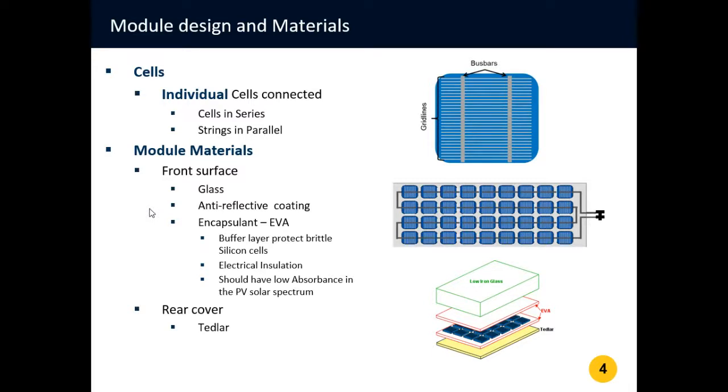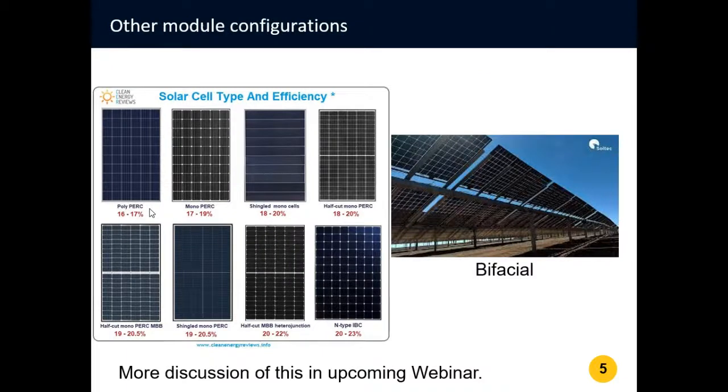But that previous slide, I would say, is traditionally how the PV modules are made, but there are obviously new developments happening all the time. So one of them is bifacial modules, and this is where the back surface of the module is also transparent. And then this allows additional production from the back surface of the module.